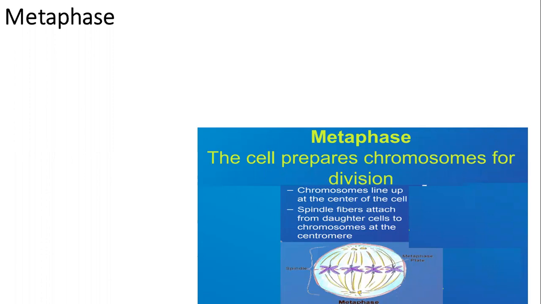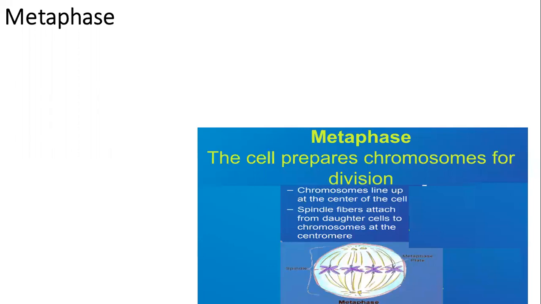For more on this, you can review our previous lesson on the chromosomal theory of inheritance, where we looked at the discovery and structure of the chromosome and the functions of each structure.